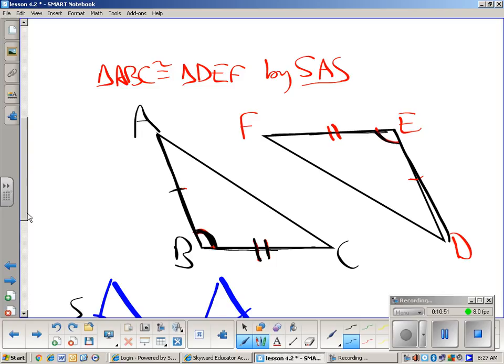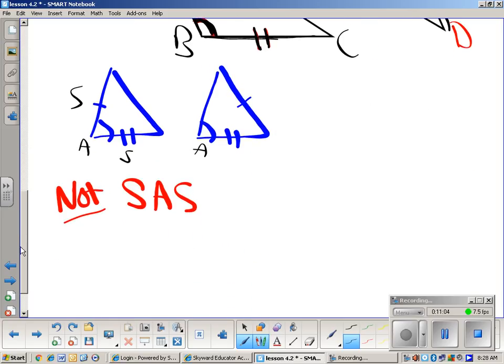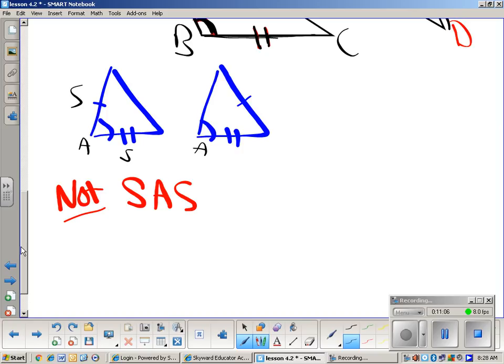And so in this case, if I know 2 of the sides are equal to 2 of the sides over here, and I know the angle between them, the included angle is equal, then the triangles have to be congruent. If I look at this one, I've already given it away. This is not side angle side.